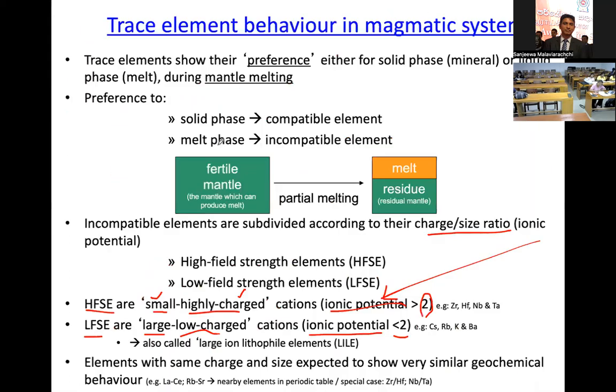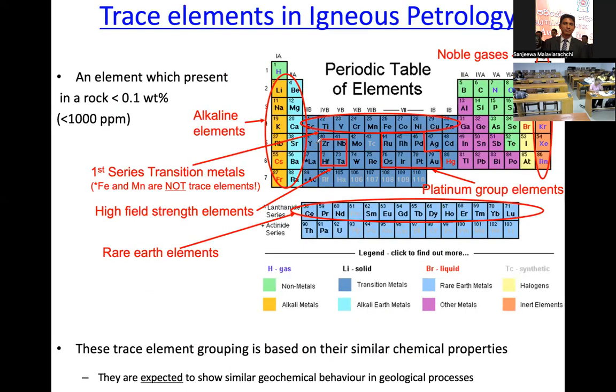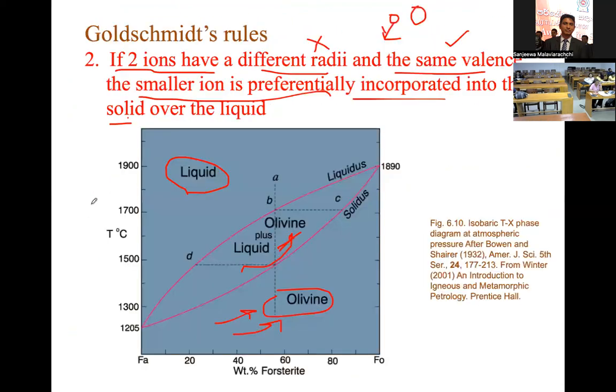So if you take the periodic table, although we typically take only these 4 elements as the high field strength elements, in fact these rare earth elements will also come into that. But rare earth elements have other properties, therefore we separate them out from these high field strength elements. They are not equal in geochemical properties apart from their ionic potential. That's why we take them out to a different group, but still they can be included as high field strength elements.